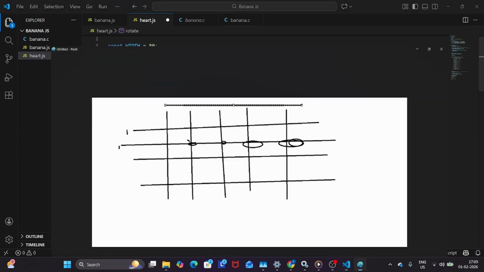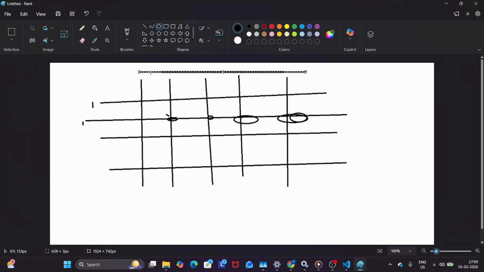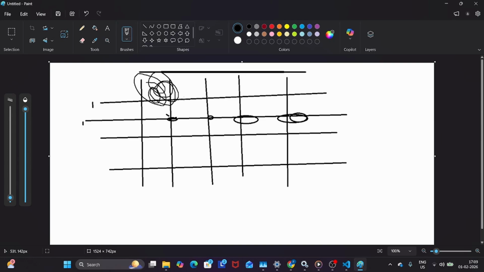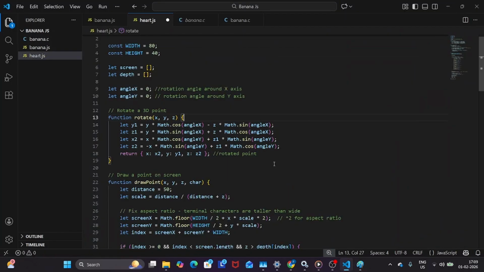Let's say this is the Rubik's cube. This point was minus x, minus y and minus z. So like that, it will take 3 point coordinates.